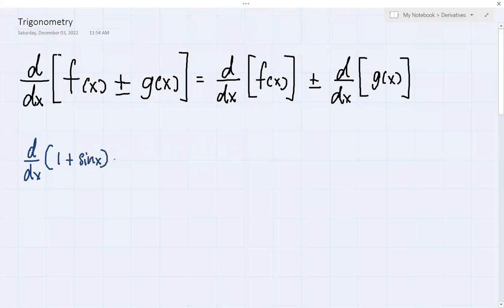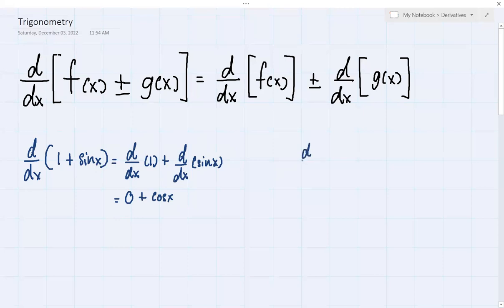This one is actually easy. Here, we will have the derivative of 1 plus the derivative of sine x. So what is the derivative of 1? This will be 0 plus the derivative of sine x, which is cosine x.